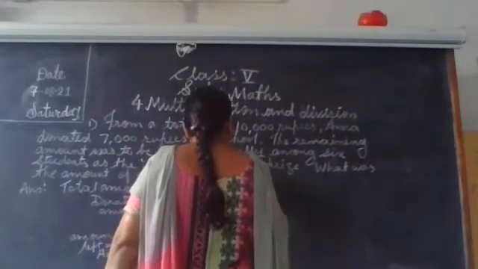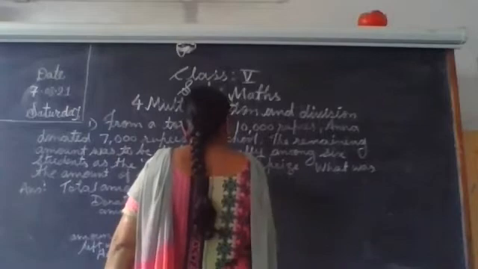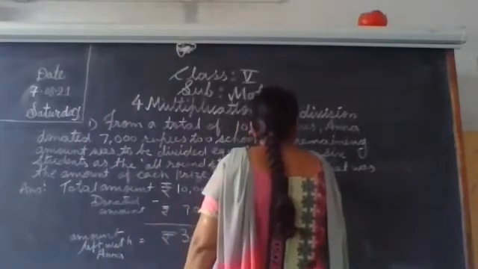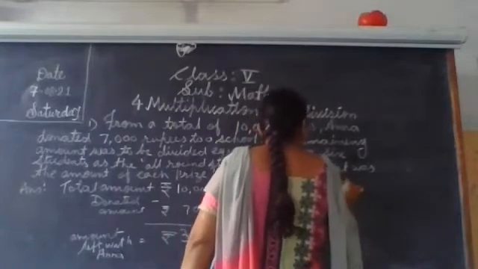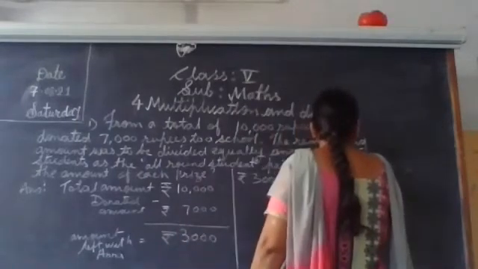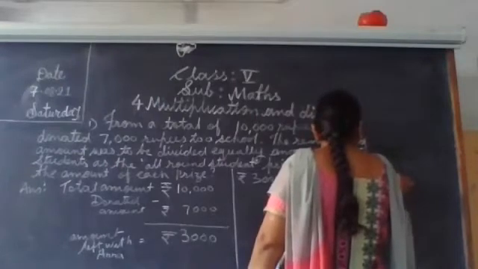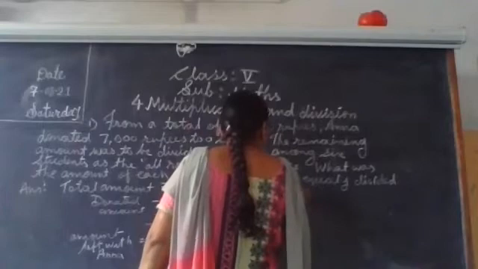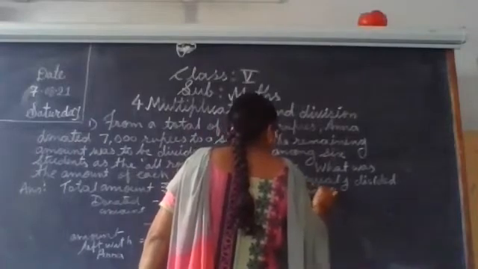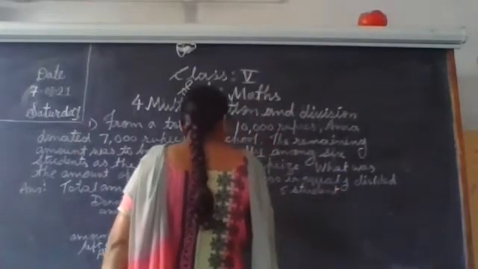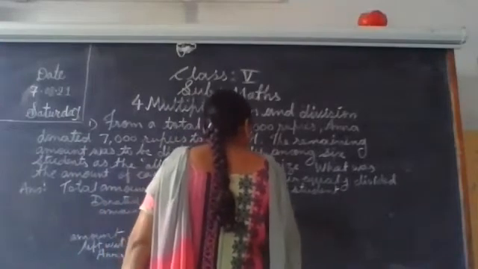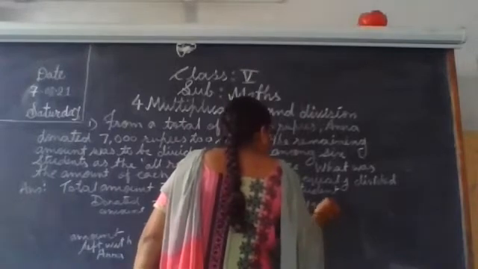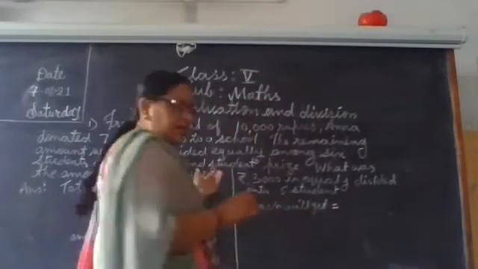Rupees 3,000 is equally distributed into 6 students. Therefore, each will get, equally divided.